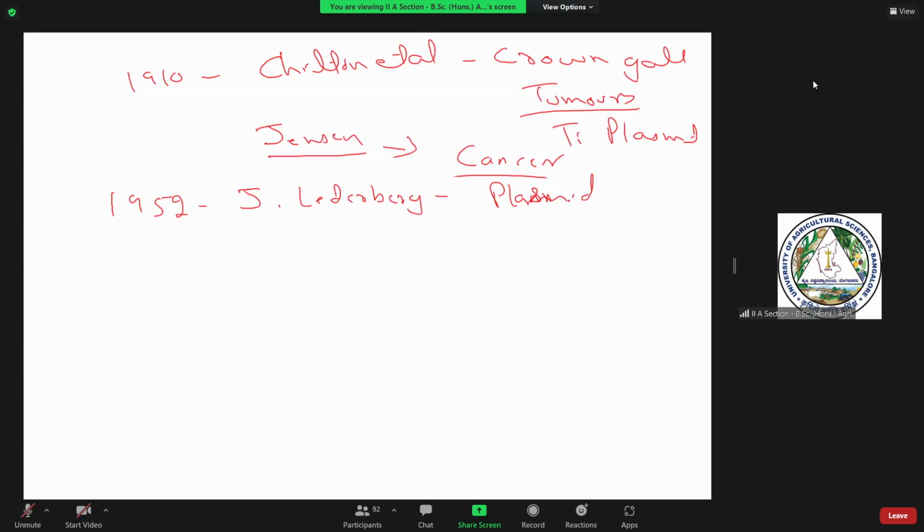And in the same year, Waksman discovered a wonderful antibiotic called streptomycin. Even today it is being used, and for it he received the Nobel Prize. Streptomycin is now used in agriculture for control of plant diseases.